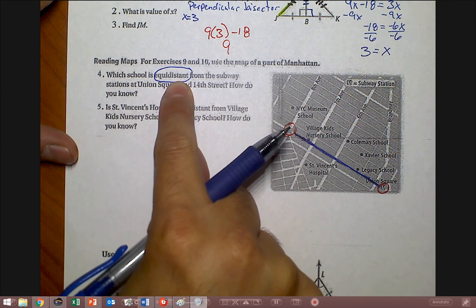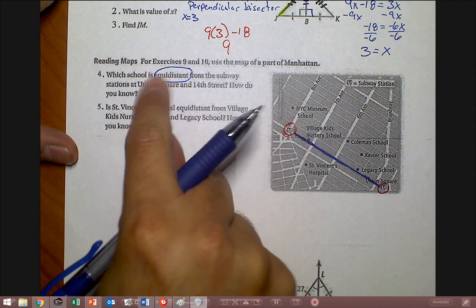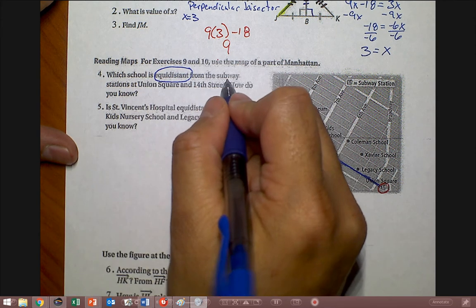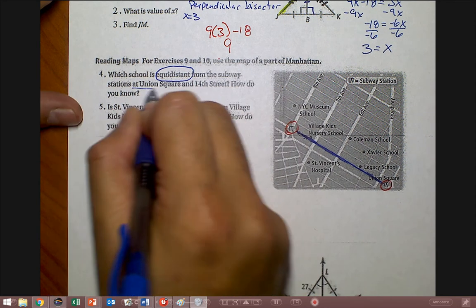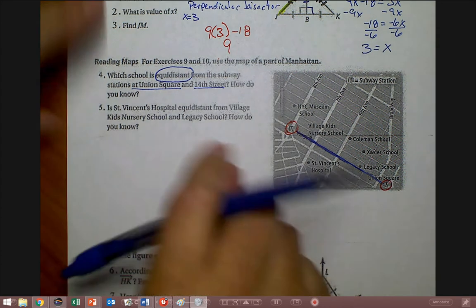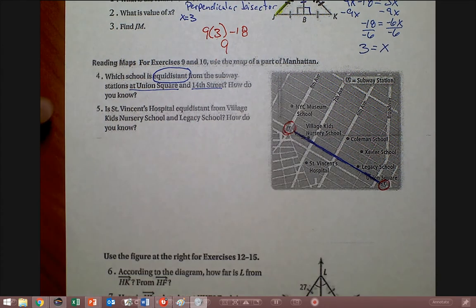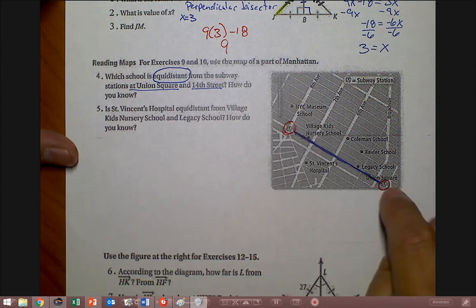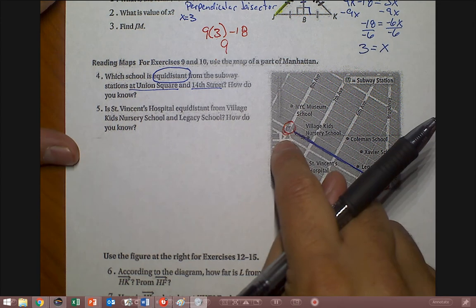That's what I'm looking for. I want a place that is the same distance from the subway station at Union Square and 14th Street. So we're going to do a process of elimination here. It has to be exactly the same from Union Square to 14th Street.